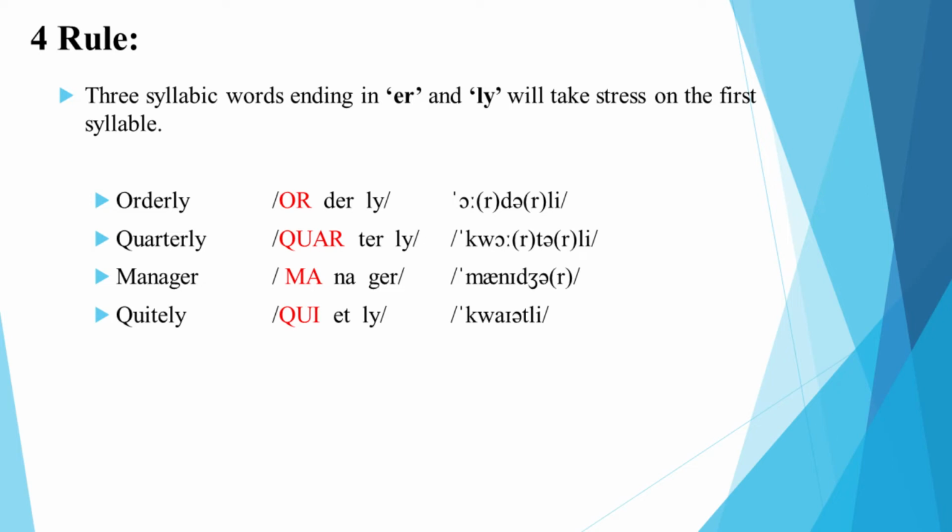When it's a 3 syllabic word that ends with er or ly, then the stress falls on the first syllable. Orderly. It's a 3 syllabic word and the word ends with ly, so the stress falls on the first syllable, or.